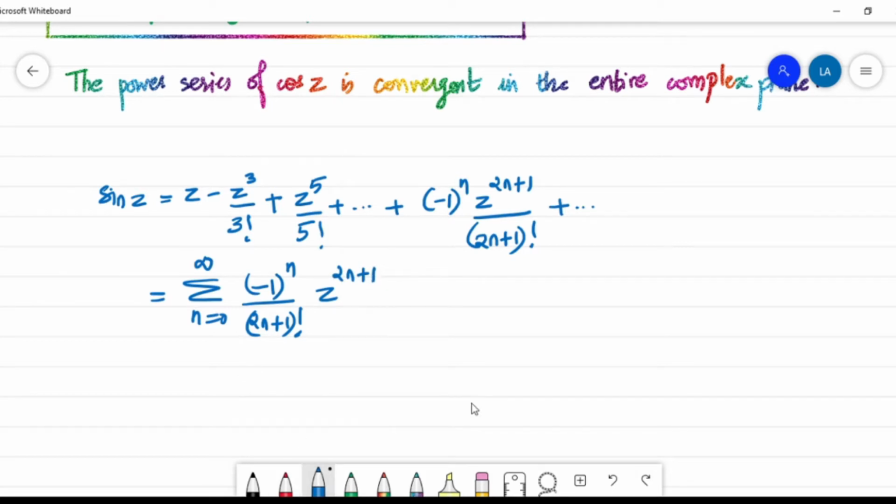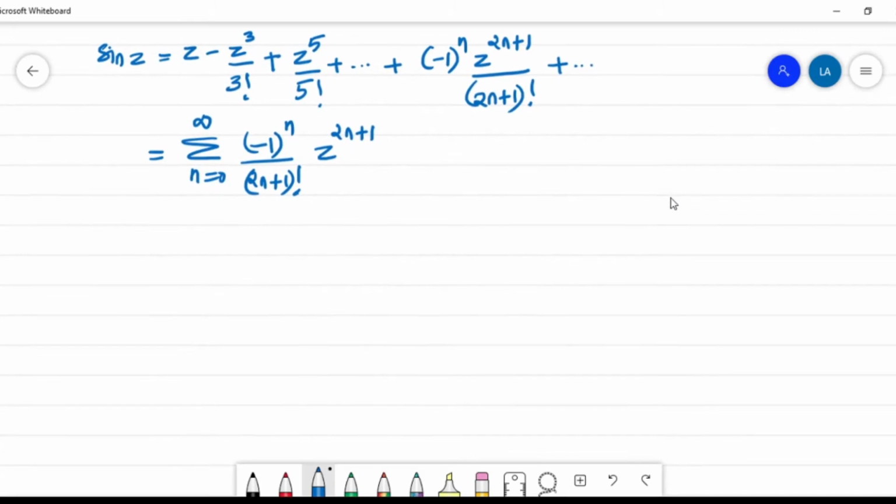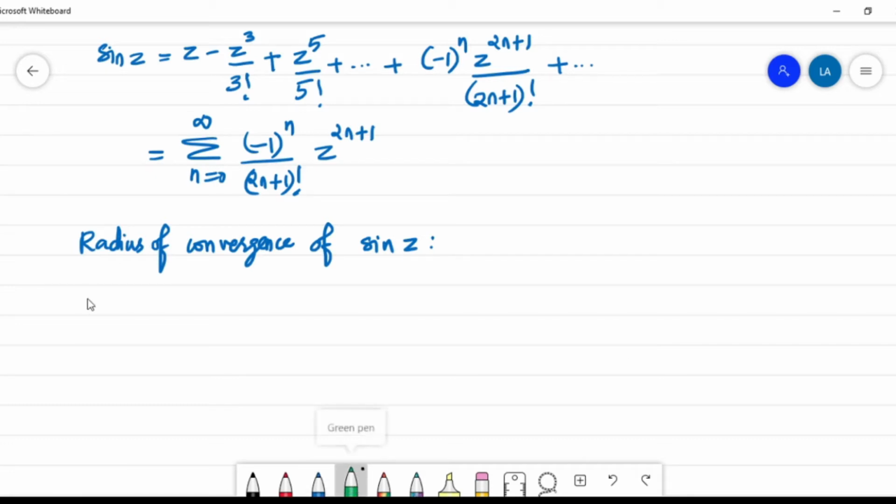So what we are going to do is the same thing. We are going to find the radius of convergence of sin z the same way. Limit n tends to infinity.